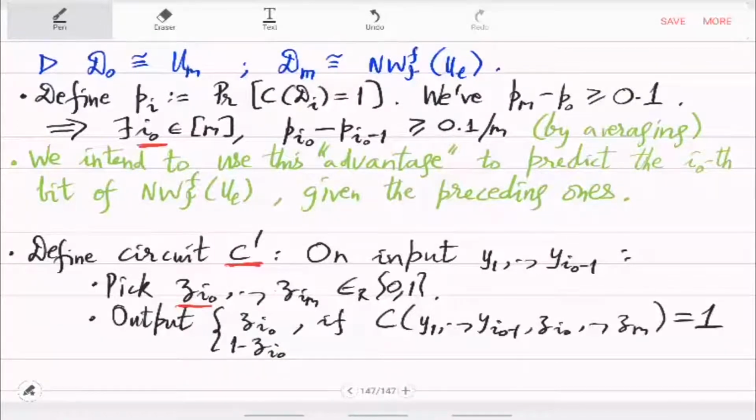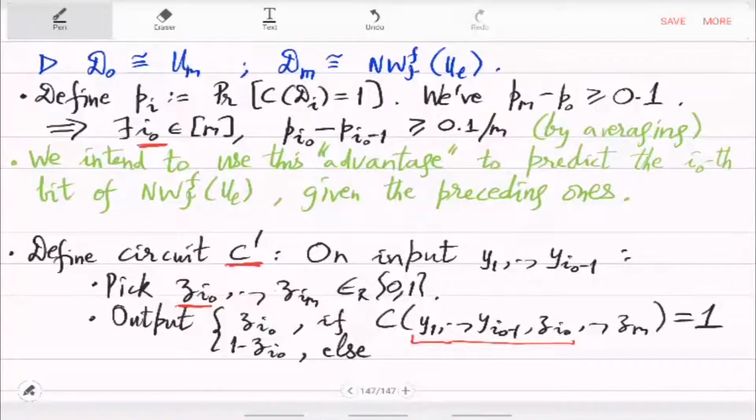So intuitively it makes sense that whenever C evaluates to 1 with this prefix, there is a better chance of Zi0 being the correct answer. We have to actually compute this probability, but this is the insight behind the definition of C prime. Otherwise, you just negate Zi0.